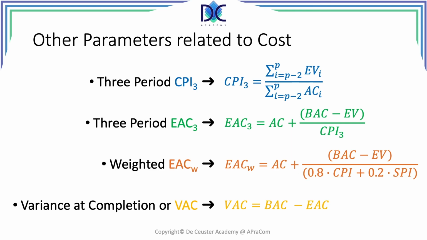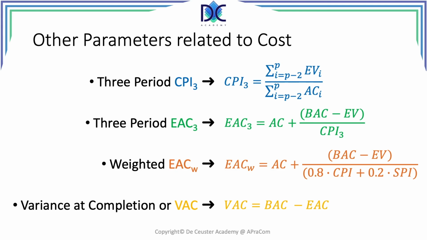So in this case, we have the actual cost plus the BAC minus earned value divided by the weighted parameter, 80% for the CPI and 20% for the SPI.